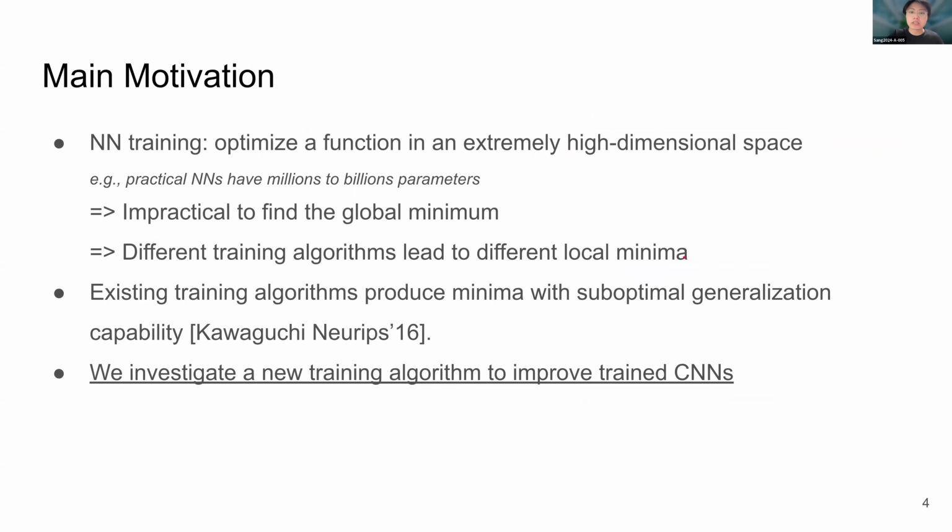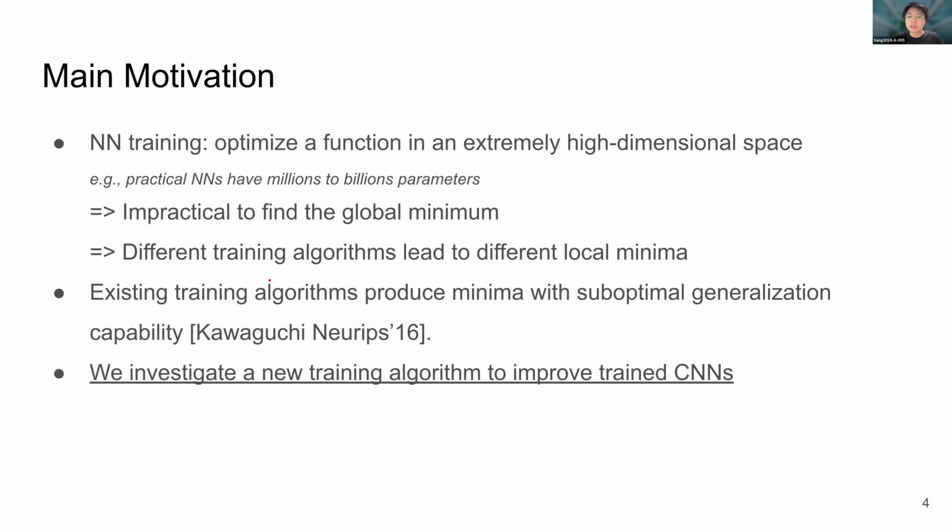Neural network training can be considered an optimization in an extremely high dimensional space. For example, a practical neural network can have millions up to billions of parameters. The high dimensionality makes it impractical to find the global minimum for a neural network. The network capabilities depend on the training algorithm, because each algorithm is optimized to different local minima with different capabilities.